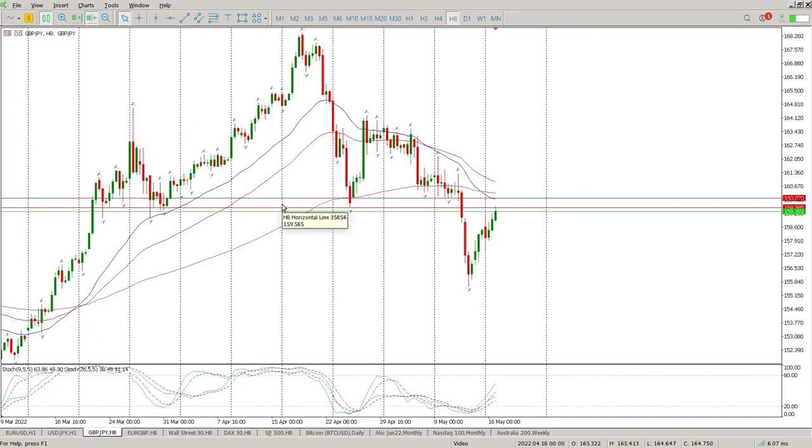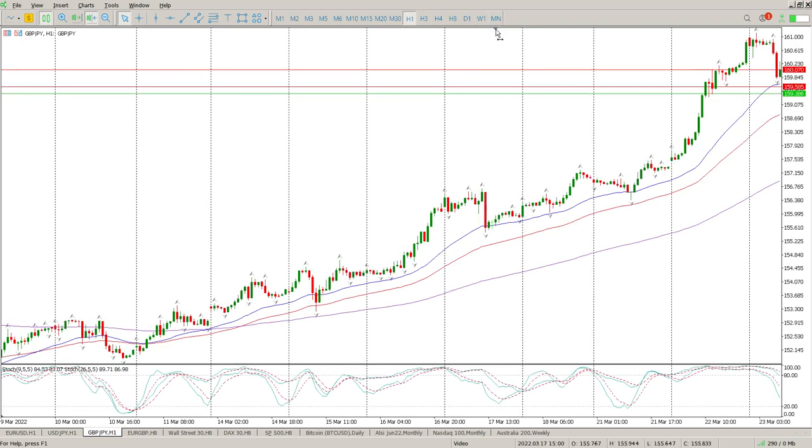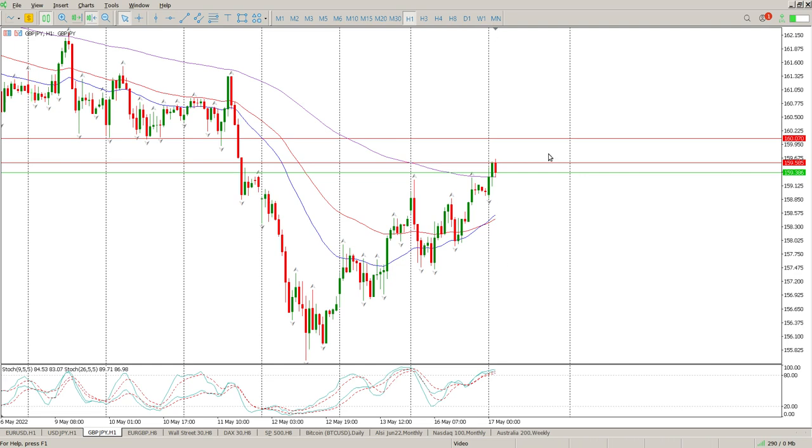Moving on to British pound Japanese yen, pretty much the same situation here. We have eventually tagged 159.585, so it's time to pay attention to what's going on here. I'd be looking to see what transpires during the European session. Oscillators all grouped to the upside on the hour.